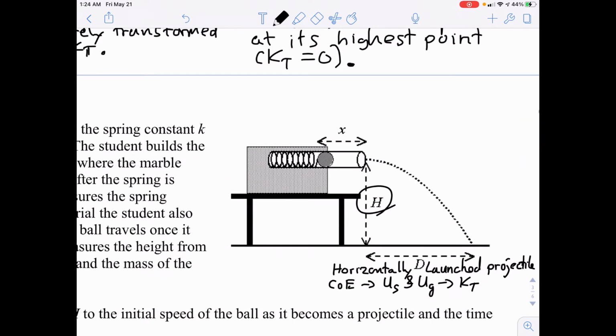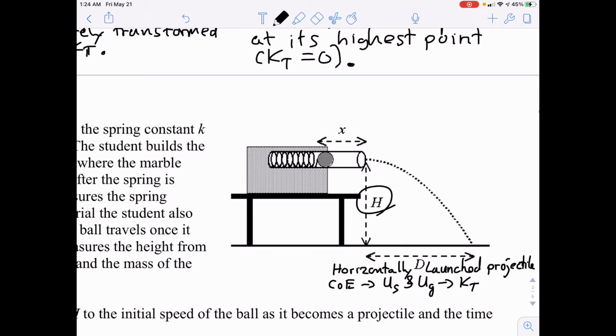So we're going to be going back and forth between conservation of energy issues and horizontal launch projectile ways to solve problems. Let's begin this problem by taking a look at the energy side of things. When it's a conservation of energy problem, it's always good to break it down into two areas, essentially an initial part and a final part.